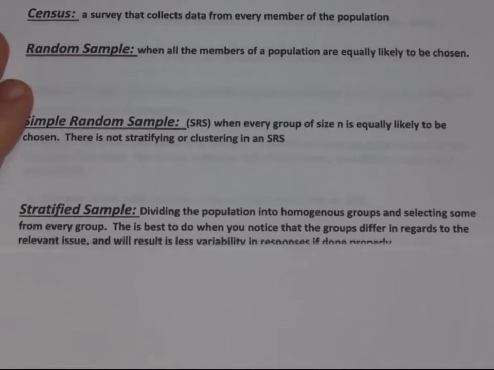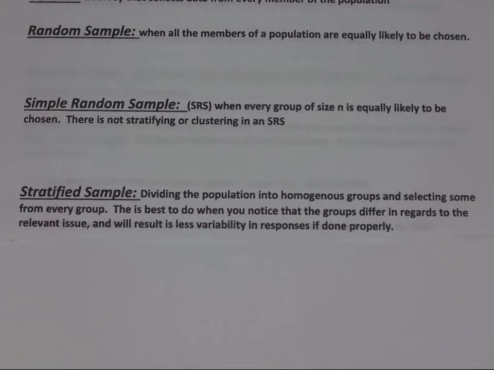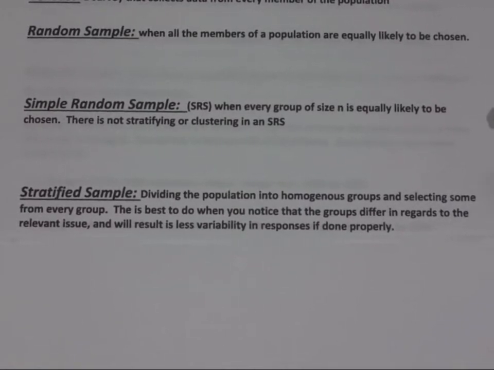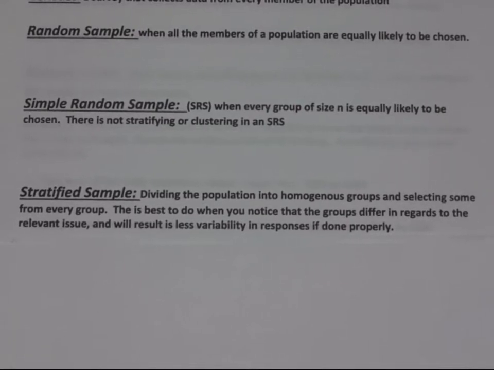Now, what is a stratified sample? We have a couple of different grouping strategies. A stratified sample is when you divide your population into homogeneous groups and select some from every group. This is best to do when you notice that the groups differ in regards to the relevant issue, and it will result in less variability in responses.